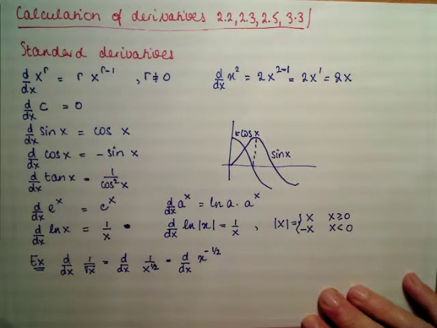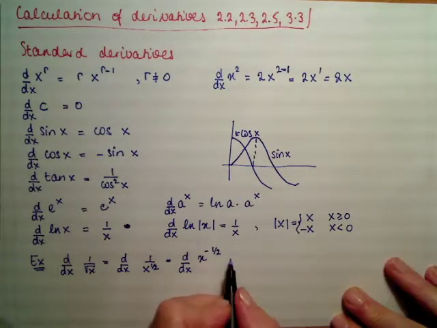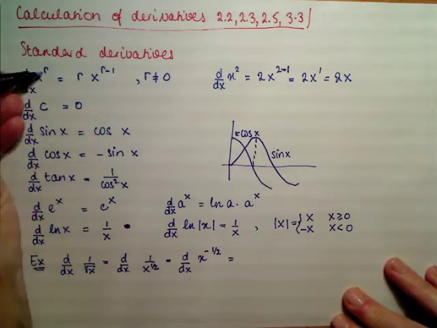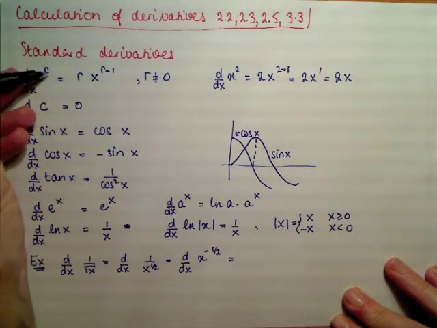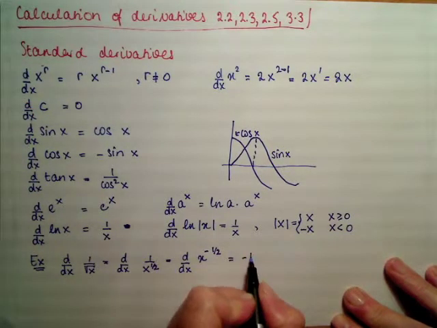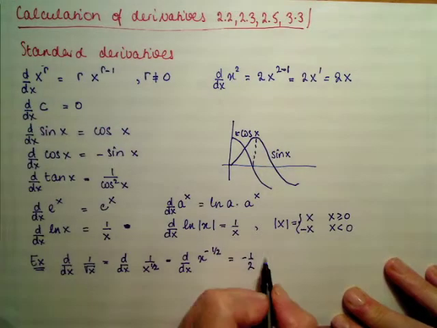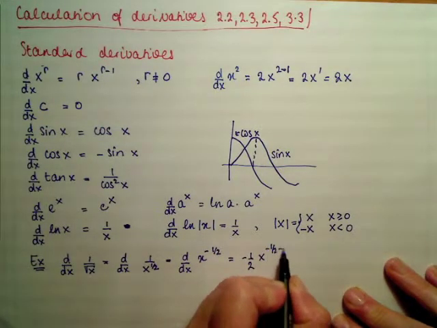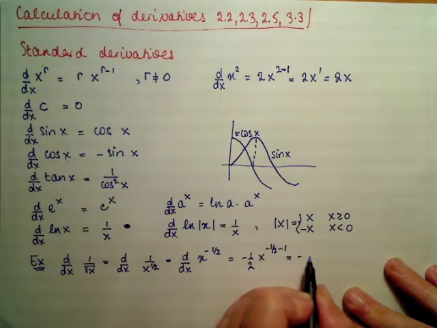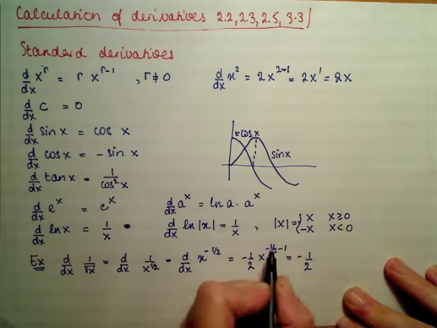So we get the derivative of x to the power minus 1/2, and now we can apply the rule over here with r equal to minus 1/2. So minus 1/2 comes in front, and the power decreases by 1. And then we try to figure out what this power becomes.